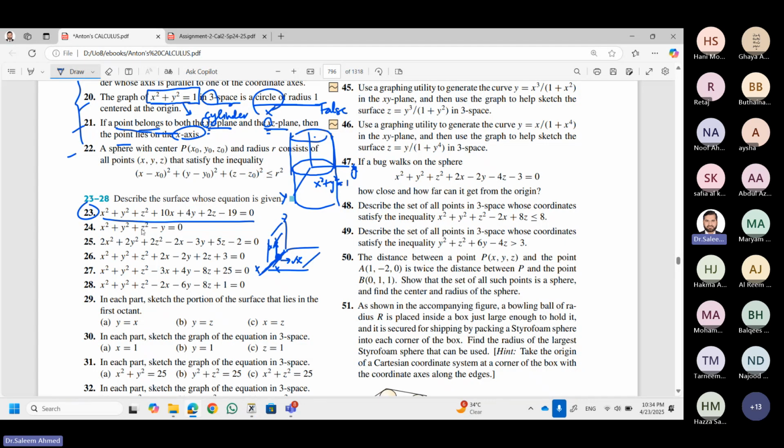Similarly, you can pick, for example, here in 24, x squared and z squared will remain as they are. Only y squared will complete the square, because y only has minus y in it. So x squared and z squared will not change, so they will have 0, 0. But y will become y squared minus y, and whatever you need with that, you will get some point for y.